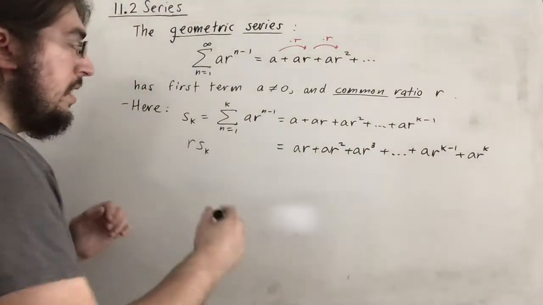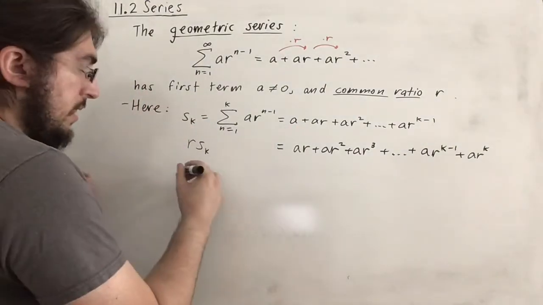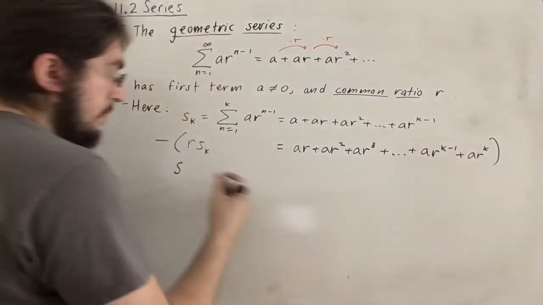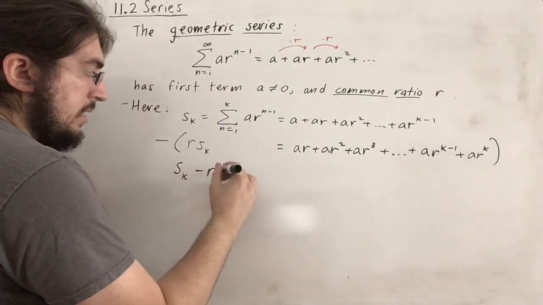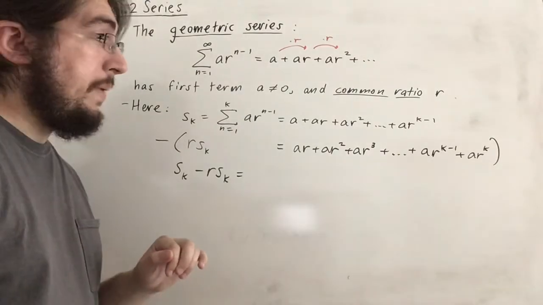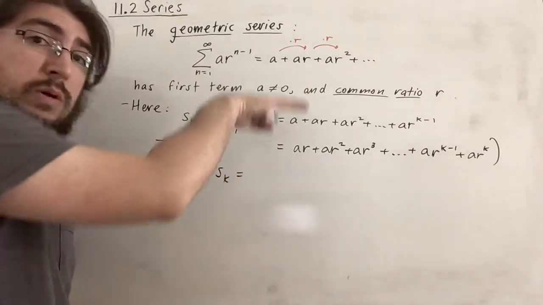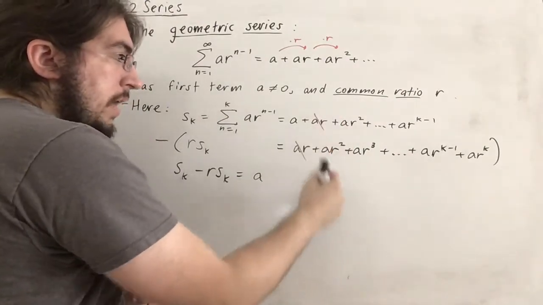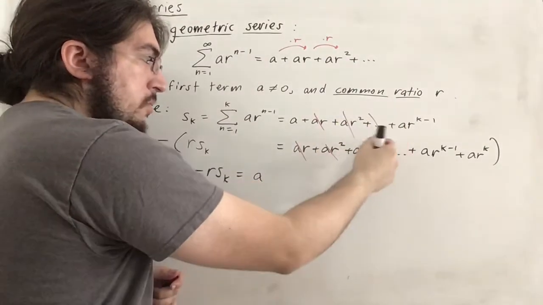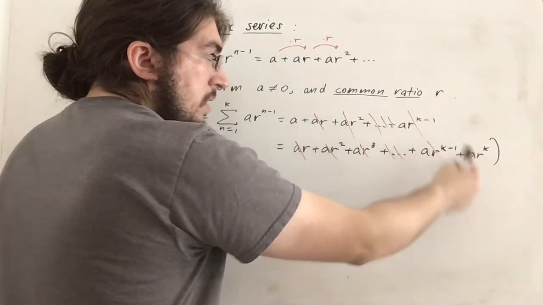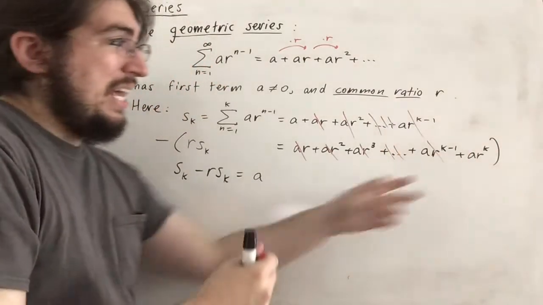So now, if you consider doing top minus bottom, basically, we have s sub k minus r times s sub k is equal to, well, what you notice happens is a lot of these will cancel. Since we're doing top minus bottom, a survives the cancellation, ar doesn't, ar squared doesn't, ar cubed doesn't, all the way to, so all of these in between cancel, up to this last one which is left over.